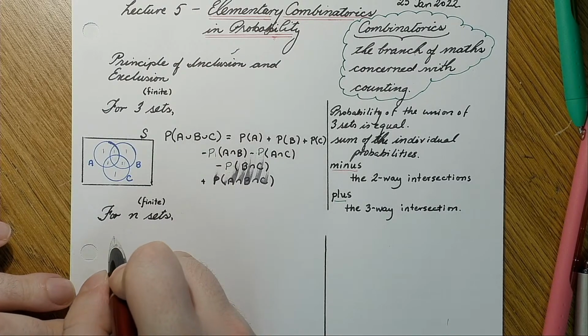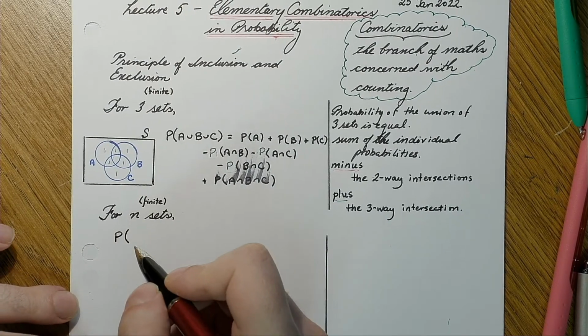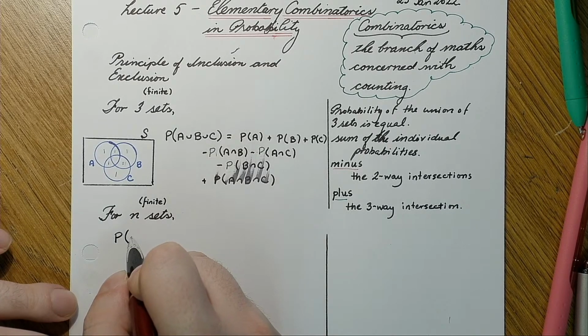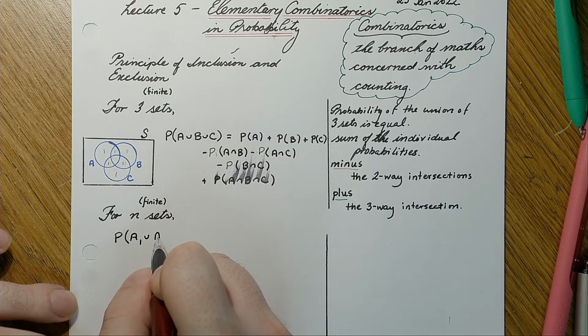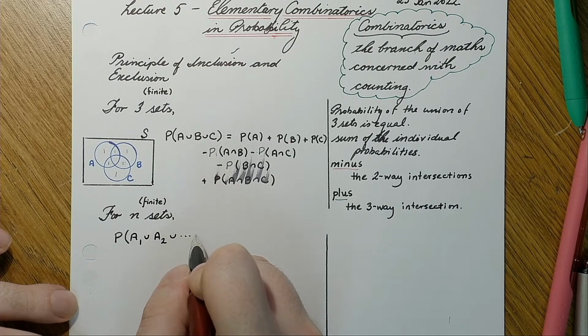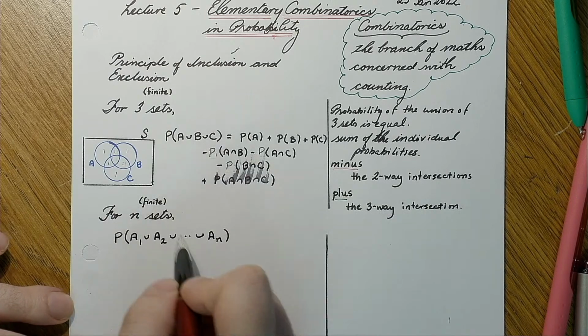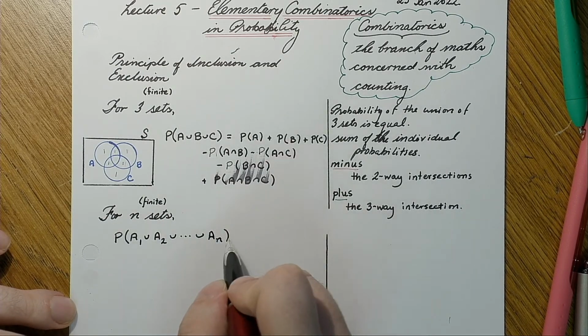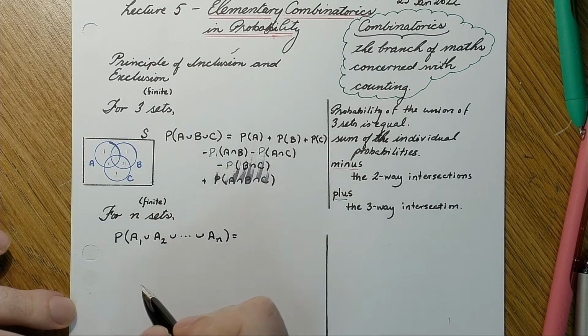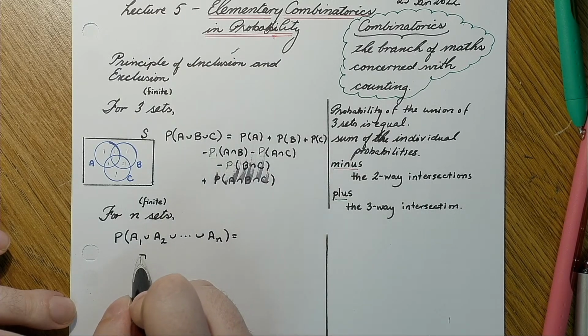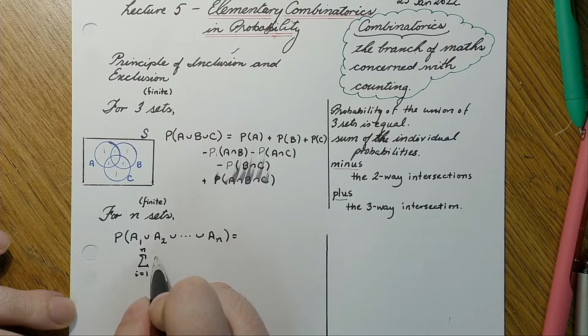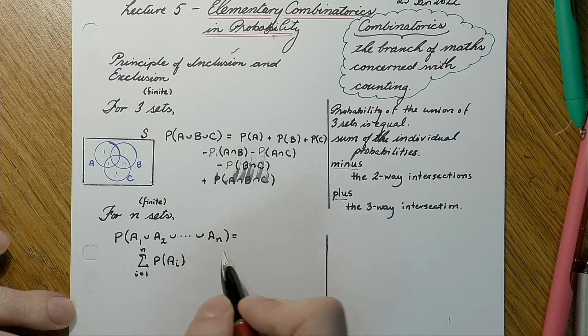So for the probability of, okay, I'll use A1 union A2 dot dot dot all the way up to An. So I'm using n finite sets. So it's equal to the sum of the individual probabilities, so from 1 to n, of the probability of each of those.